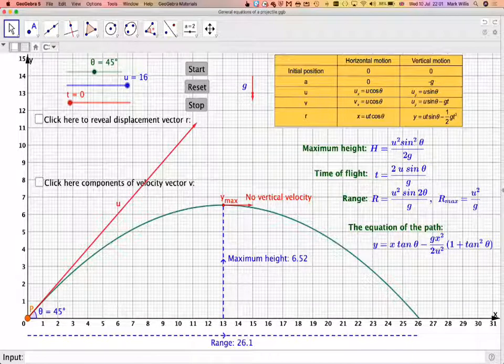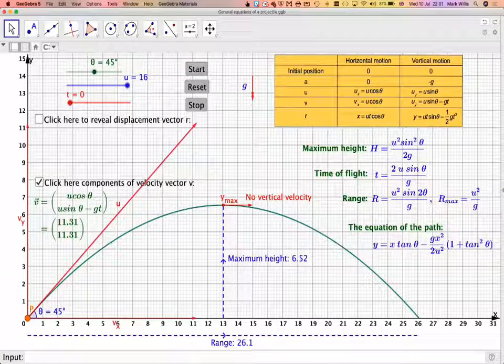If we first of all look at the initial velocity, which is u cos theta, u sin theta. Basically, the initial velocity here, this is the horizontal component, this is the actual u, the direction of u, 45 degrees, and this is the vertical component.